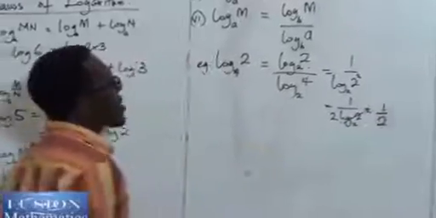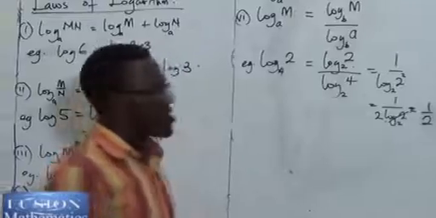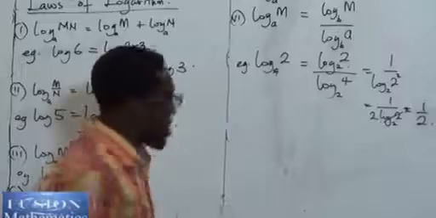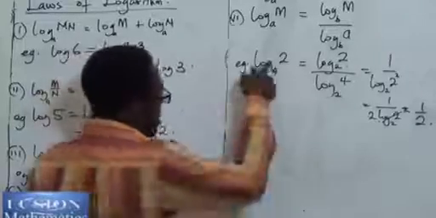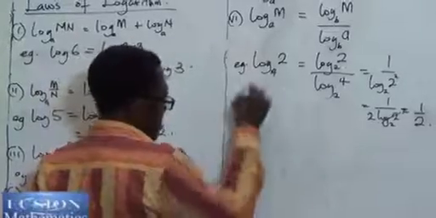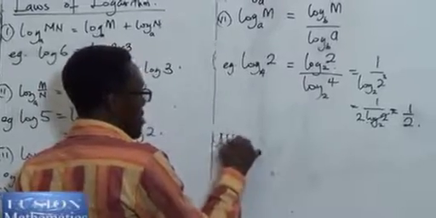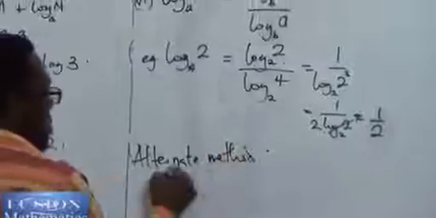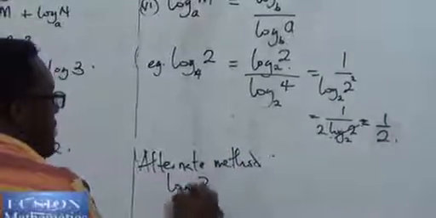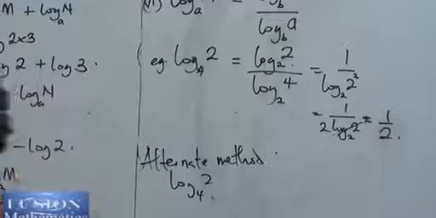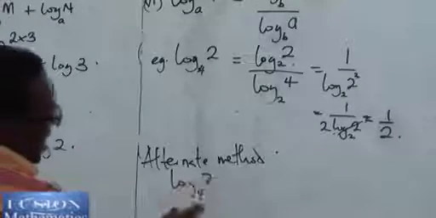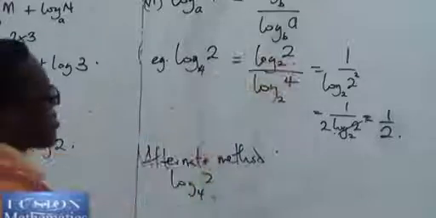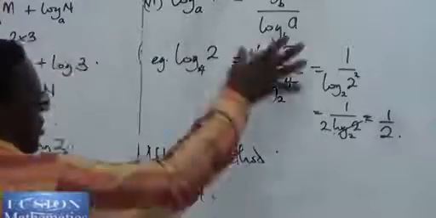But there is an alternative method to make work easier and faster, peradventure in your JAMB examination. Still looking at the example we have up there, log 2 base 4. When we have something like this, I want to simplify it faster, instead of just changing the base or introducing a new base like the method up here.